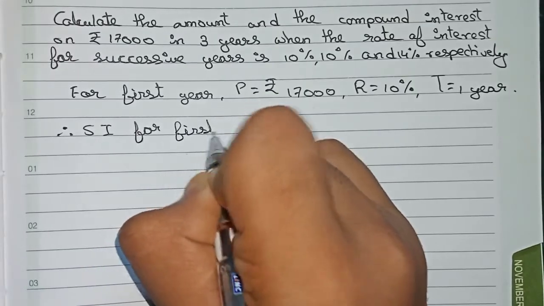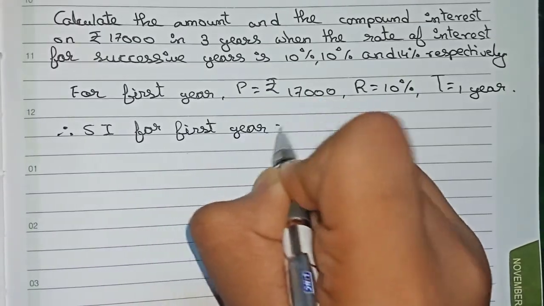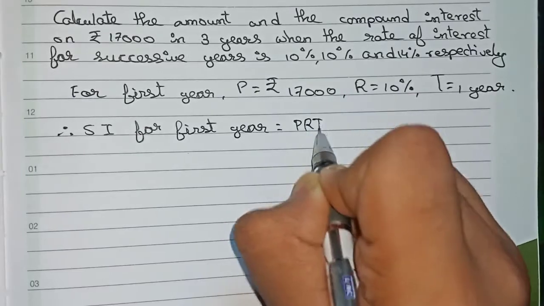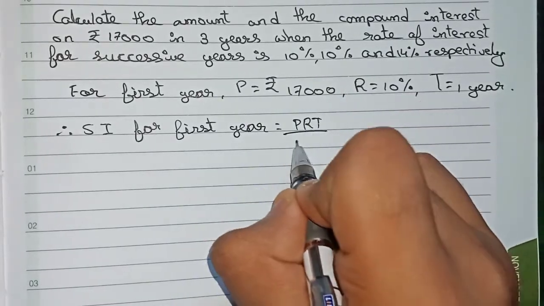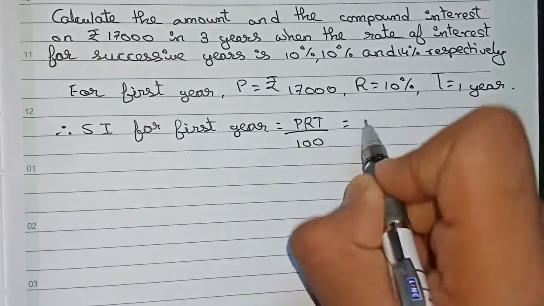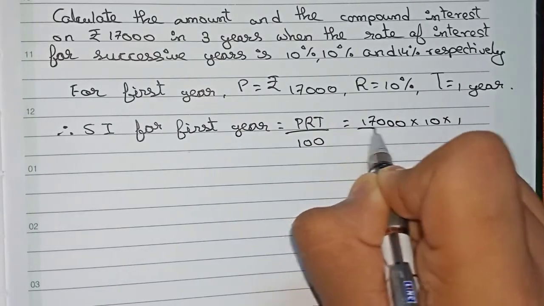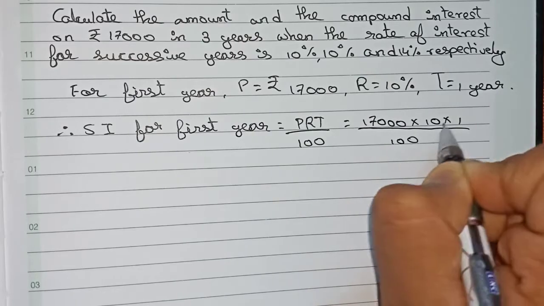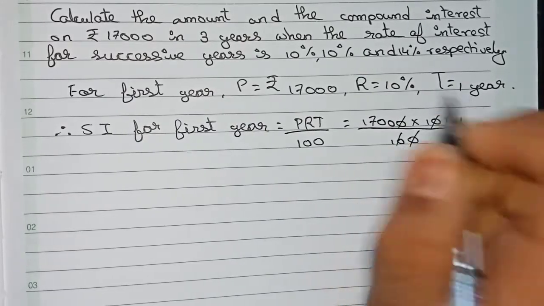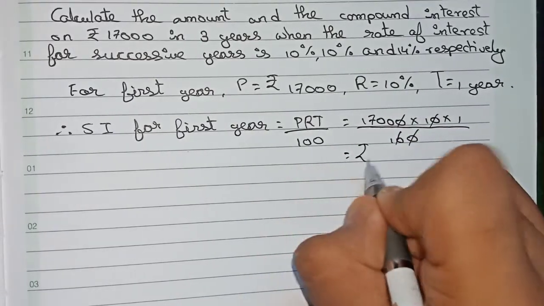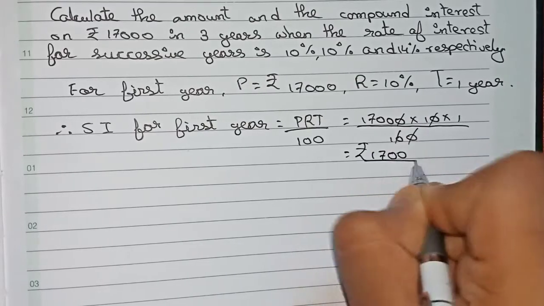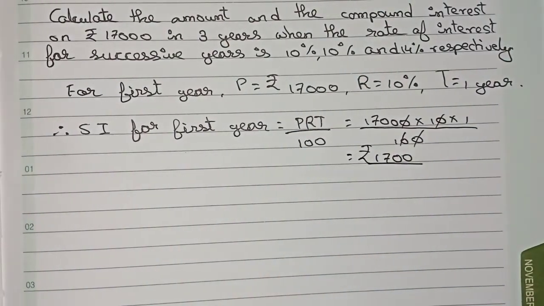The formula is PRT by 100, that means principal into rate into time by 100. Putting the values, 17,000 into 10 into 1 by 100. We cut the zeros first, so rupees 1700 remains as the interest for the first year.